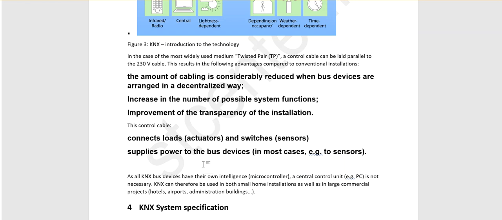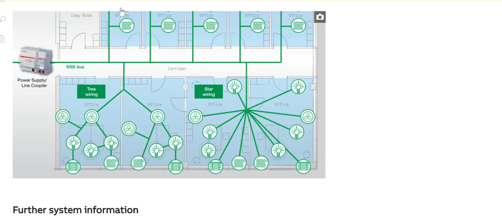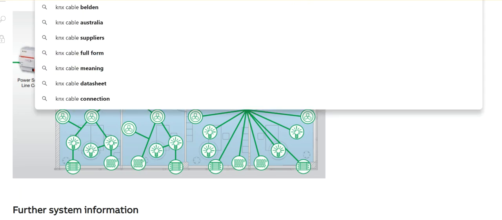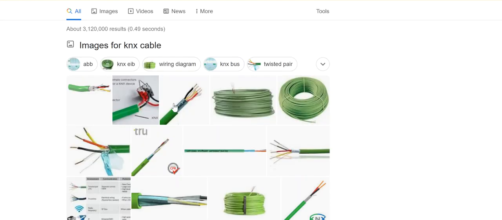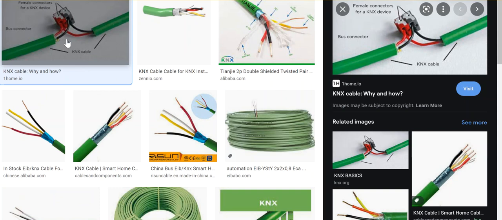Okay, so in devices from other protocols, in many cases these two parts are separated, but in KNX both of them are the same one. Okay, of course you see the KNX cable, this is the KNX cable, and most of the time we use the red and black wire to connect the devices to each other.